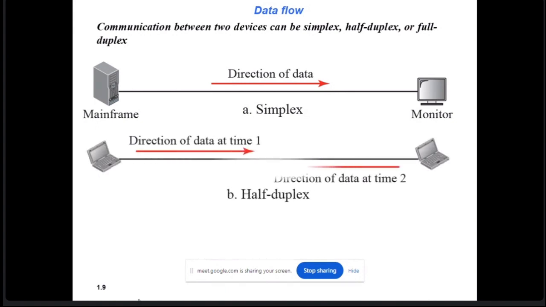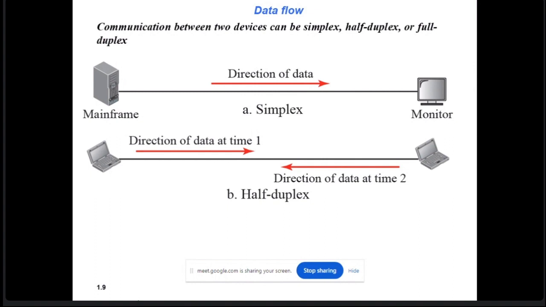Next, half duplex. Here, we can transmit and receive at the same station, but not at a time. Let us take two devices, a laptop and our mobile phone. I want to send data to the other phone, but in a mobile phone we can either send or receive. Let us take an example like citizen band radios, because at a time only one can communicate while the other receives by pressing this.